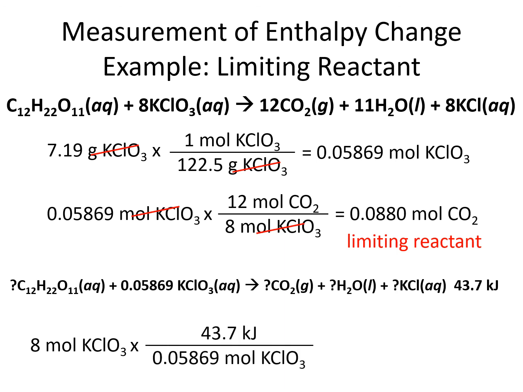We have moles of potassium chlorate on the bottom, filled in with the moles we calculated at the top of the slide, 0.05869. We have 43.7, the corresponding enthalpy, on the top. We do 8 times 43.7 divided by 0.05869, and that gives us 5,957 kilojoules for the original balanced equation.